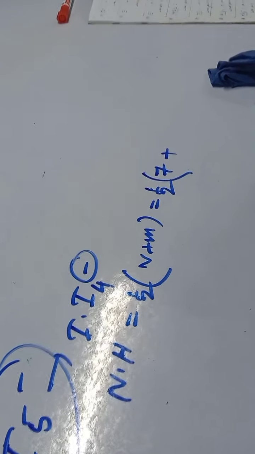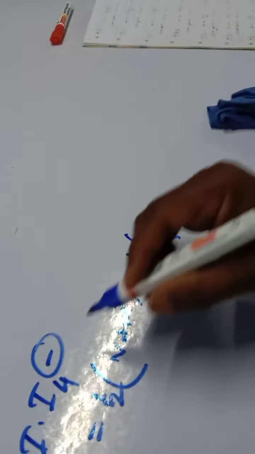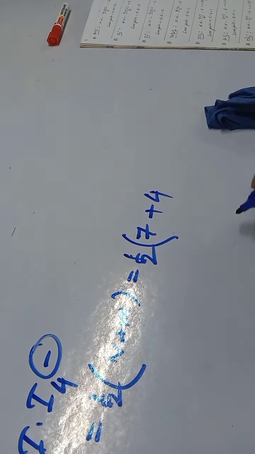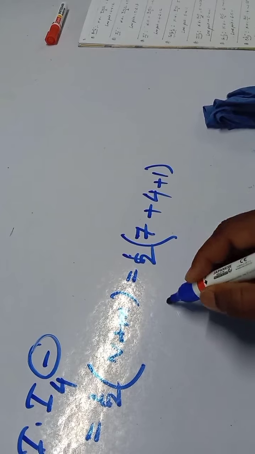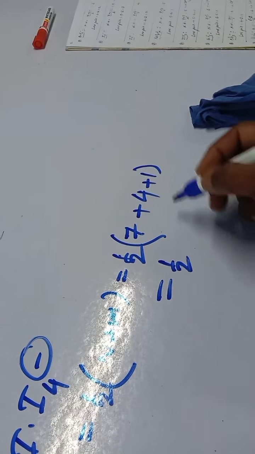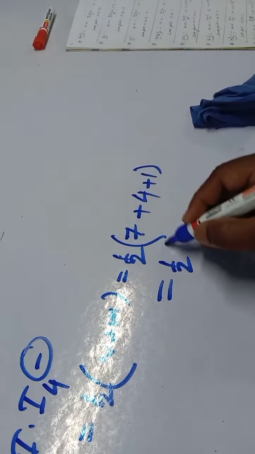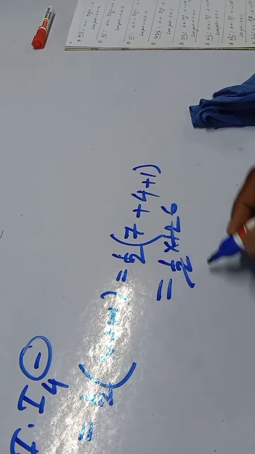The number of monovalent atoms is 4, plus 1 for the charge. You may write half plus 10, that is 12, equal to 6.